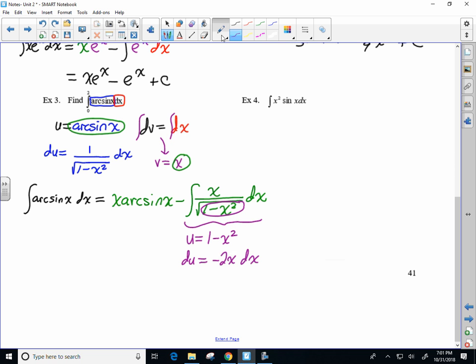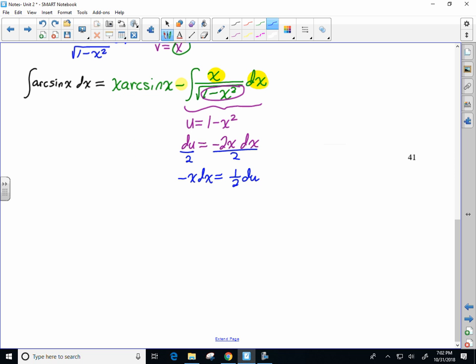Based on the nature of the situation here, I have a negative coefficient, an x, and a dx, so I actually probably want to hang on to the negative sign here. Just get rid of the 2. So negative x dx is equal to 1/2 du. So, you get my Zorro sign in here.